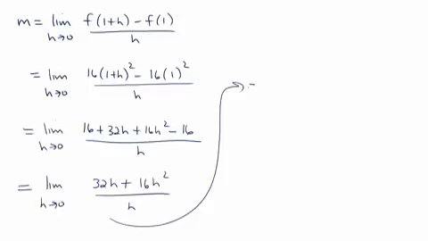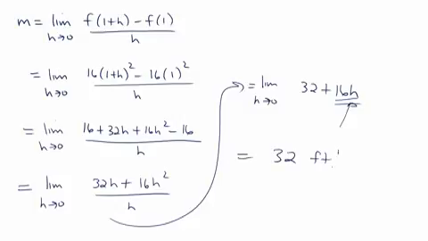So that gives us the limit as h goes to 0 of 32 plus 16h, and now as h goes to 0, this whole term goes to 0, leaving us with 32, and the units would be feet per second. So the velocity would be 32 feet per second.